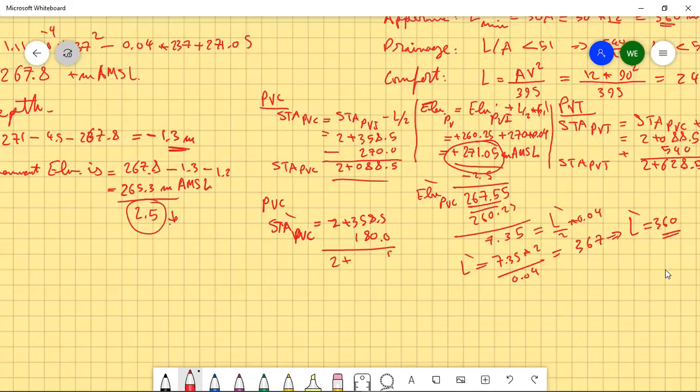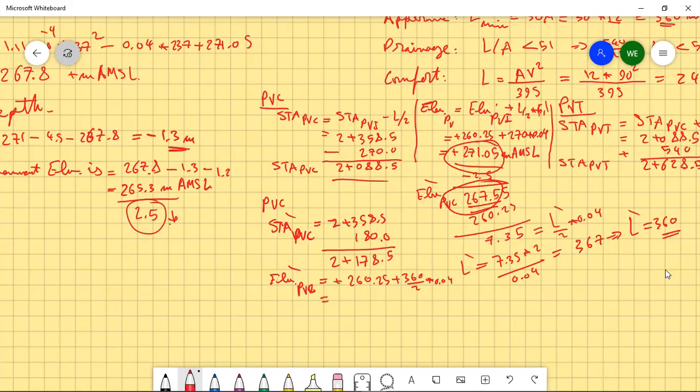2 plus here 5.871. So this is going to be the station of the BVC, and the new elevation of the BVC is going to be this value plus 267.55. No, actually it's going to be less than that. It's going to be 260.25 plus 360 divided by 2 multiply 0.04.